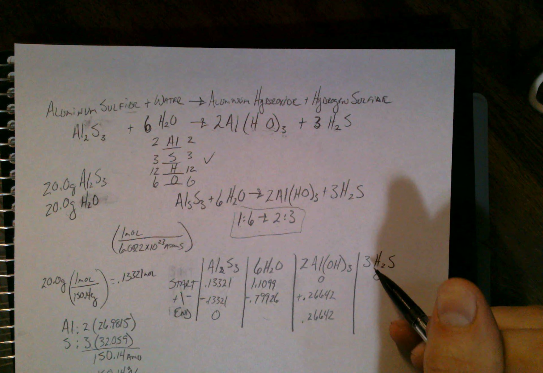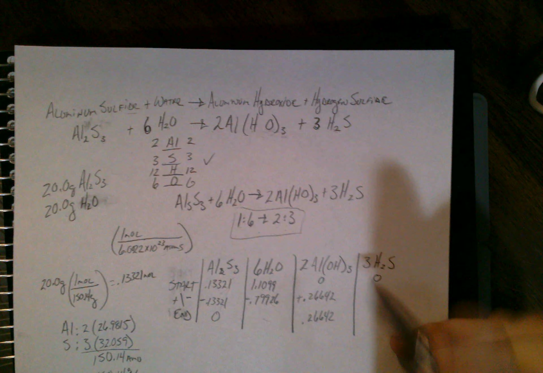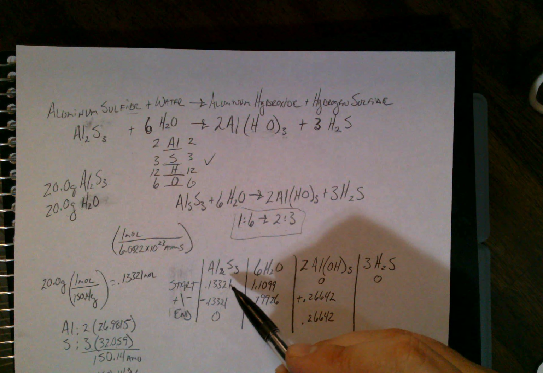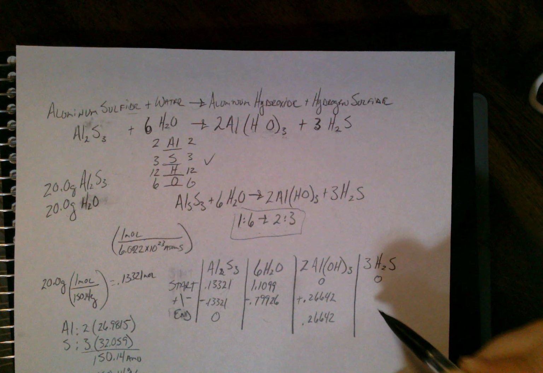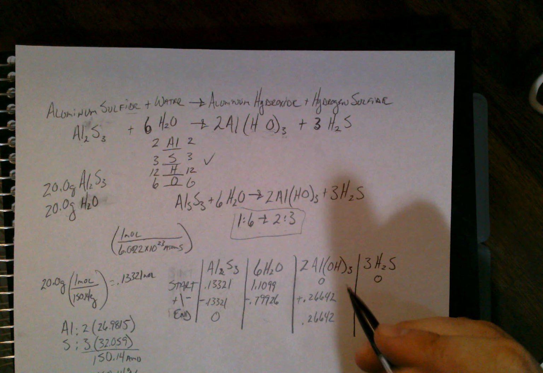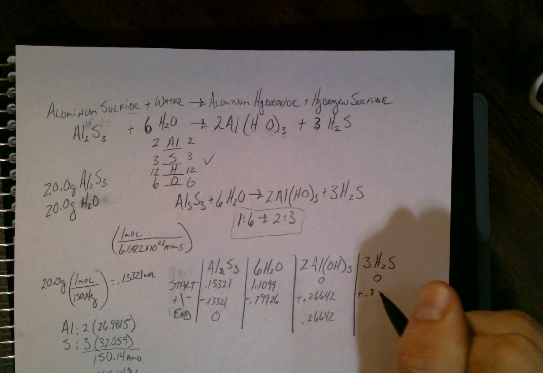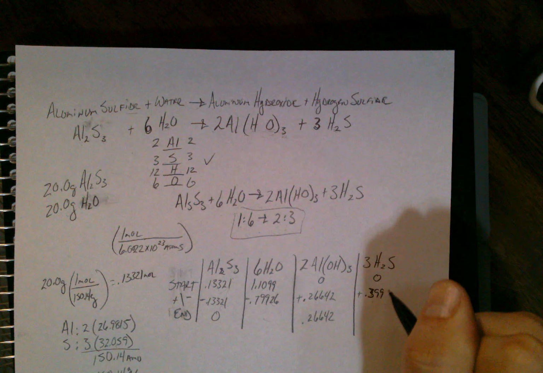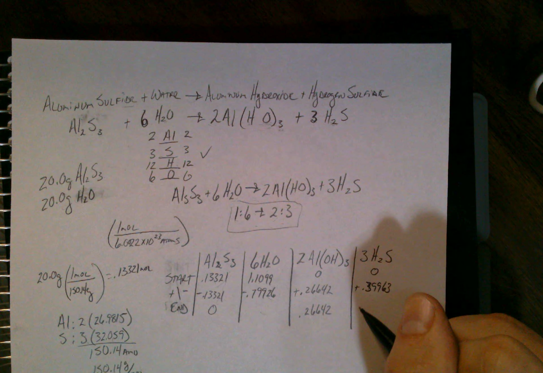This one, the hydrogen sulfide, we've got 3 of those with only 1 of the aluminum sulfide. So whenever the aluminum sulfide reacts, we should get 3 times as many as that. So that's going to go up 0.39963 moles of hydrogen sulfide. And that'll be how much we have left there.